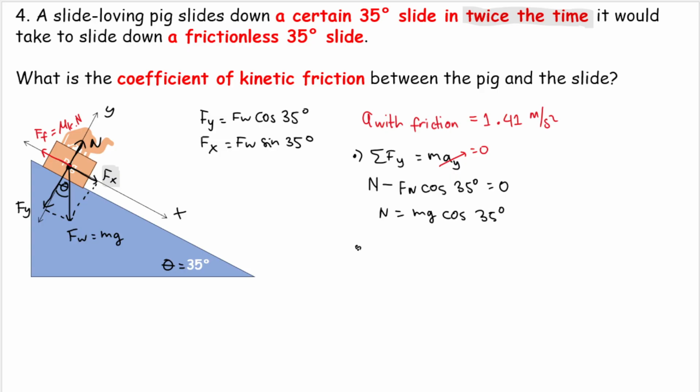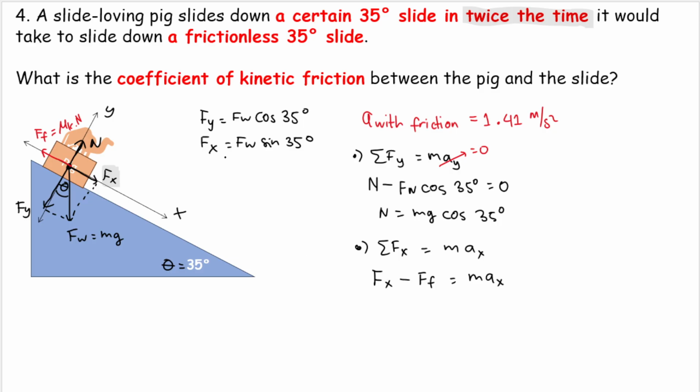Now let's do it in the x direction. So I will have sigma Fx. That will equal the mass of the pig times the acceleration in the x direction, but this time with friction here. On the forward, positive direction, I will have Fx, and then minus the force of friction. And that will equal the mass multiplied by ax. Good.